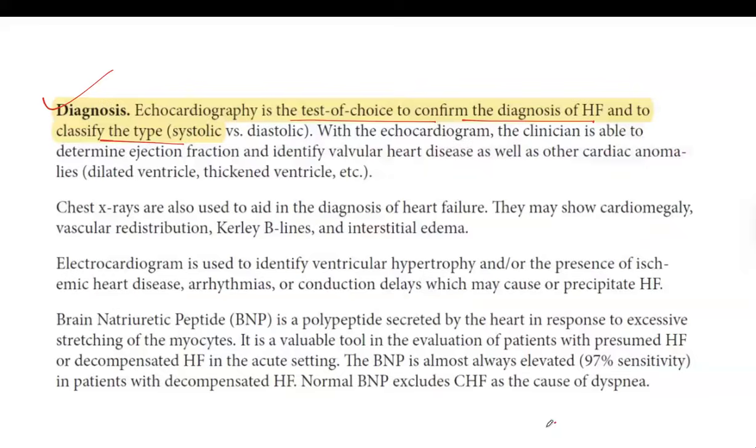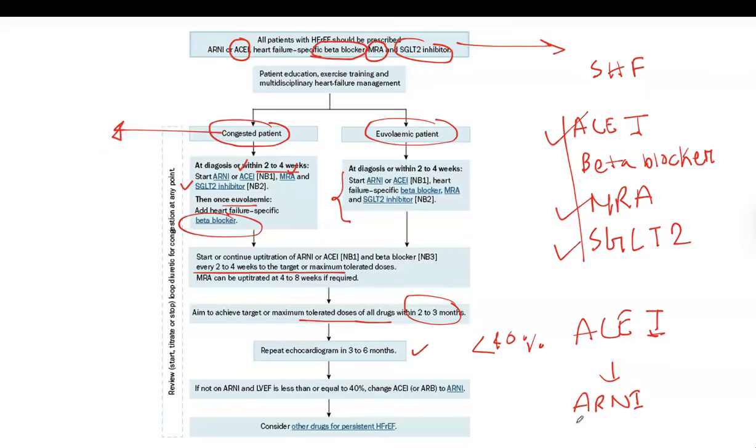ARNI is a combination of sacubitril plus valsartan.